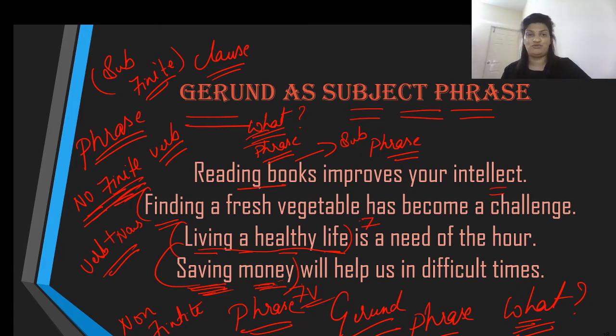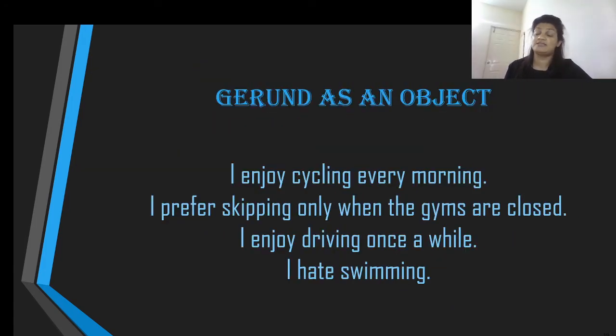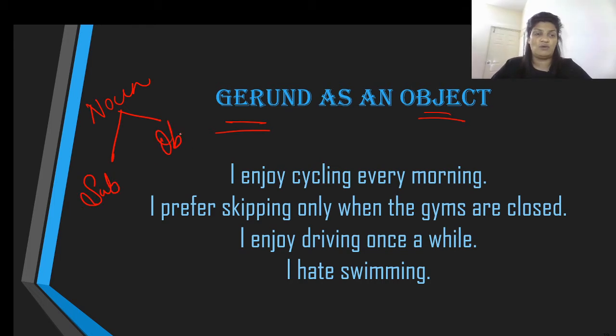Now let us move further and try and understand the usage of gerund as an object. Now, how do you call it as an object? Remember, I told you gerund functions like a noun. And how does a noun function? It functions like a subject and also like an object, right? So here we have established this one already.